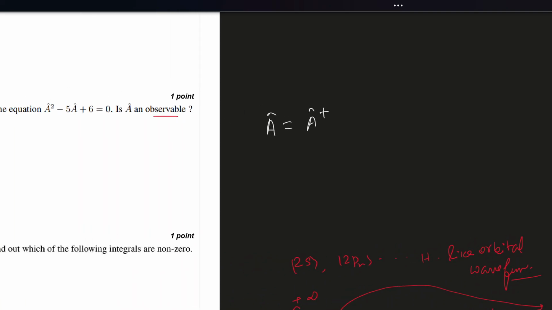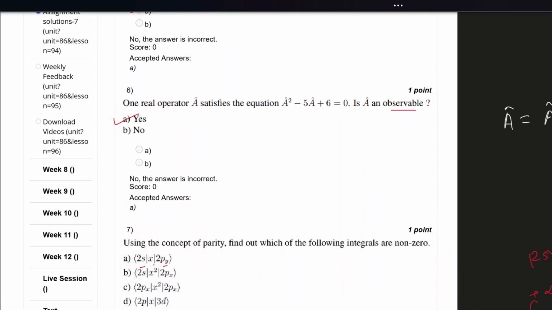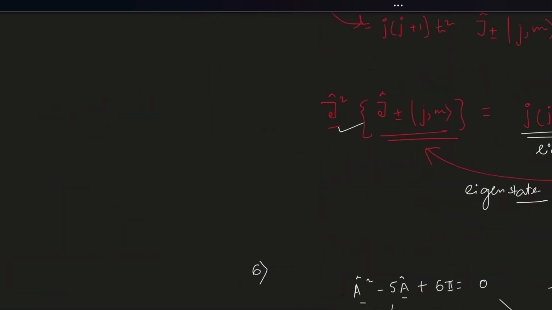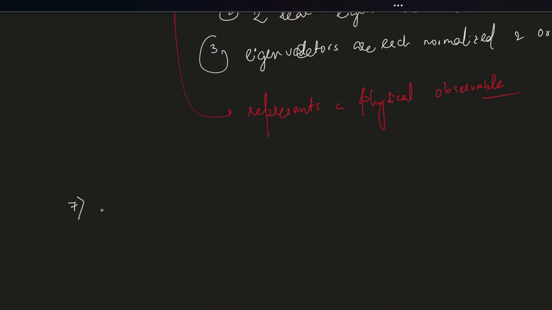Now carefully look at this equation. You have the orbitals 2s, 2py, 2px and 3d, and inside you have x, x squared and x. So first of all, let me write down question number 7: under parity operation, what actually happens to these different components.